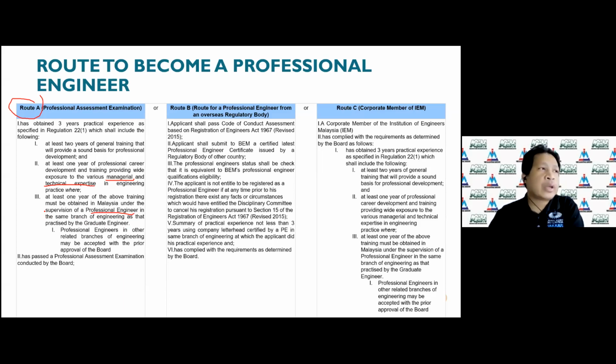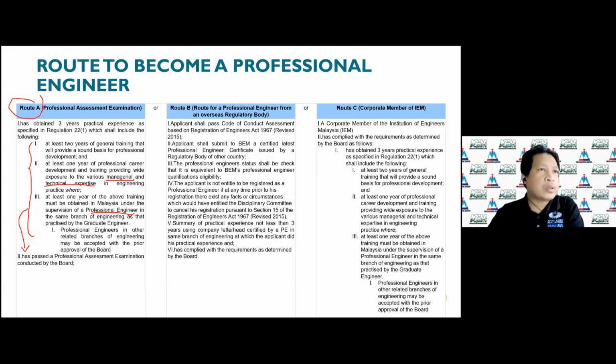You can either get someone to become your mentor to review your training experience for that 1 year, or you can refer to the Board of Engineers to request them to appoint a mentor for you for that 1 year, and by that you will be able to fulfill this requirement. So this is the prerequisite before we are able to go for this professional assessment exam.